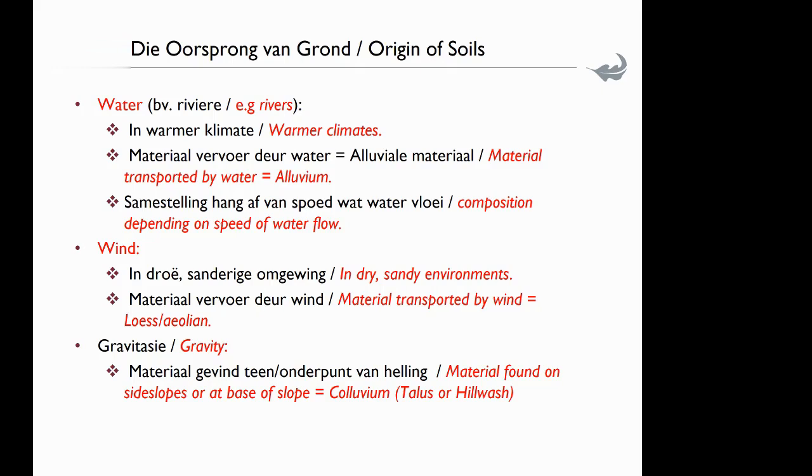The Kalahari sands are typically Aeolian sands, and loess you typically get in the Sahara is a very fine, silty material. If gravity is the transporting agent, the material found on the side slopes or at the base of a slope is known as colluvium and is either talus or hill wash.